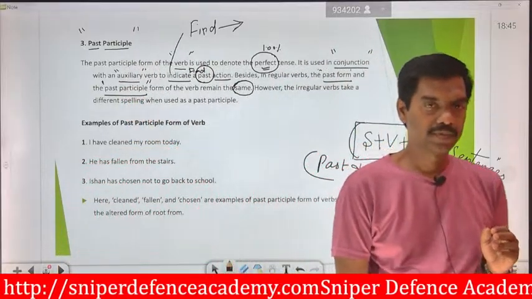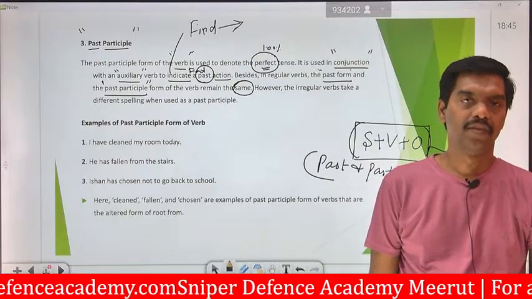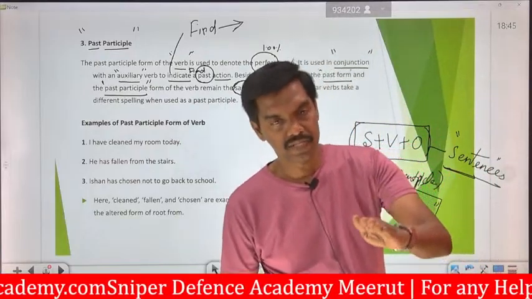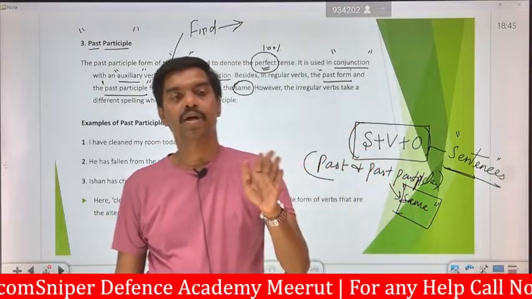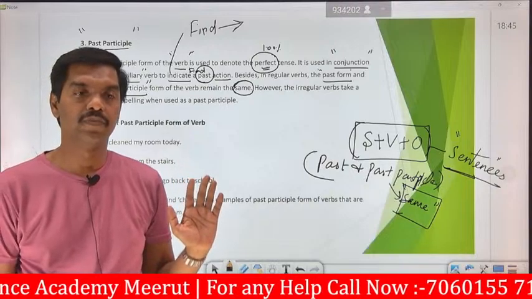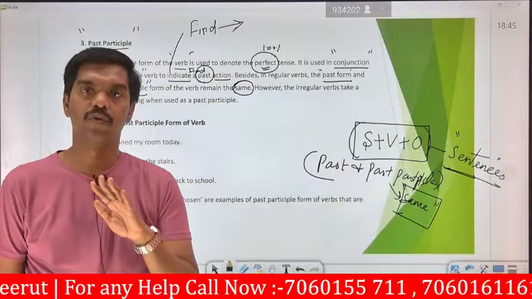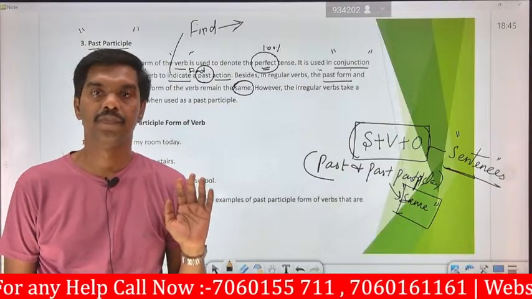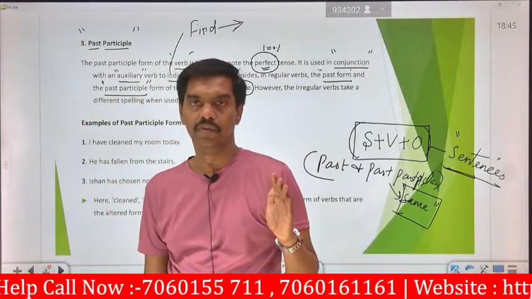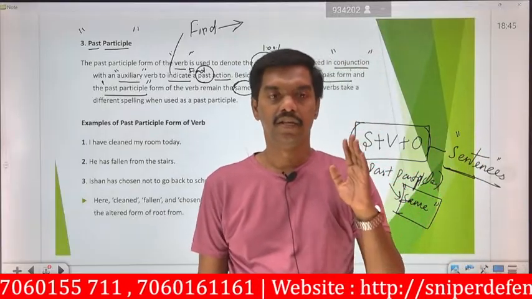So in regular verbs, the past form and the past participle form both remain the same, constant, not variable. No changes take place in regular verbs.